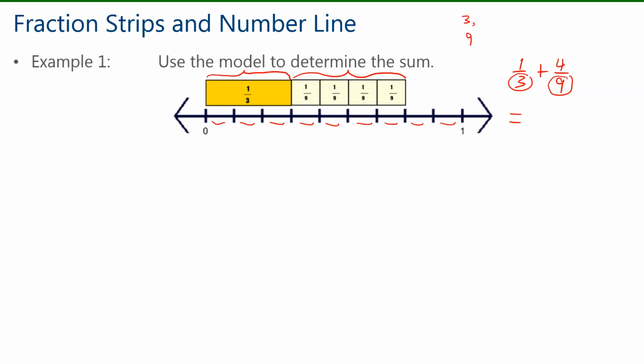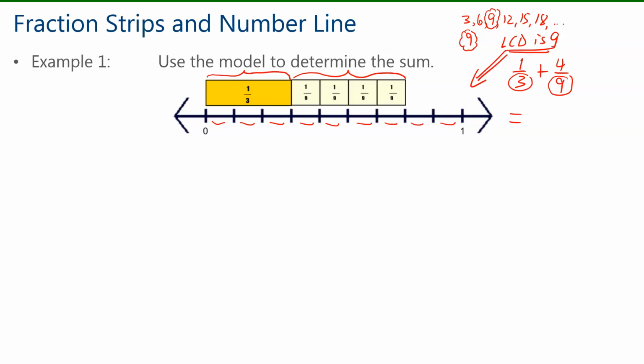If I consider my multiples of 3: 3, 6, 9, 12, 15, 18, and so on, for 9, I don't need to go anywhere because I see that we already have something in common. So the LCD is 9. And that's the reason why our number line has been divided into 9 equal sections.